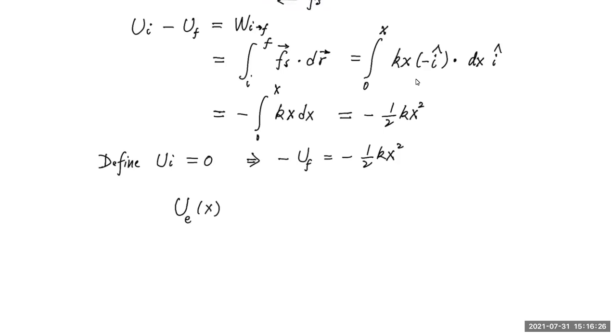I'm going to use E for elastic potential energy. And what is that equal to? 1/2 kx squared. So this is the expression for the elastic potential energy, with the 0 point set at the equilibrium position of the spring where x equals 0.